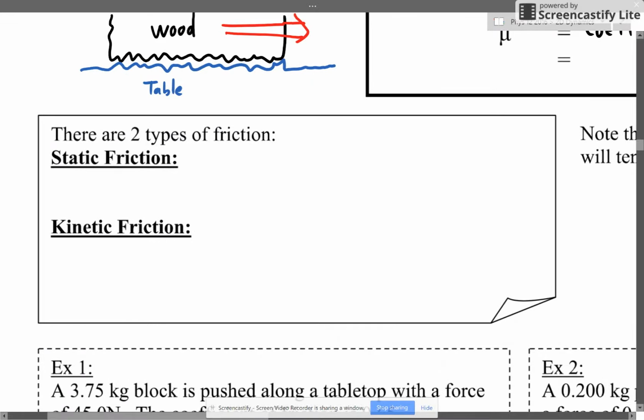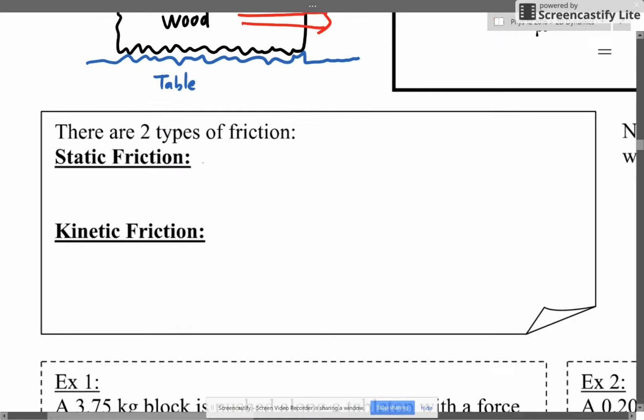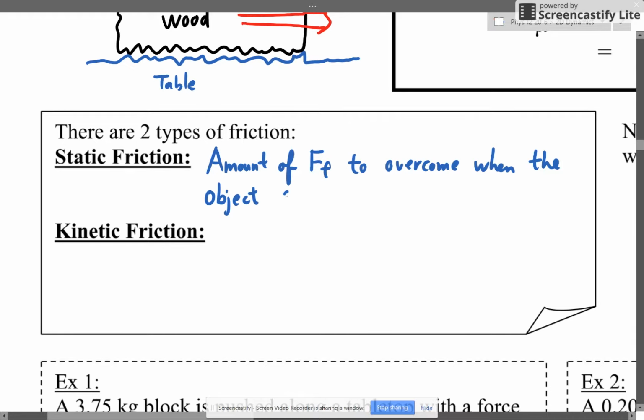Let's look at another thing that you learned last year. Hopefully you remember that there are actually two types of friction, static and kinetic friction. Static friction is the amount of friction to overcome when the object starts from rest, which means when your v initial equals 0.